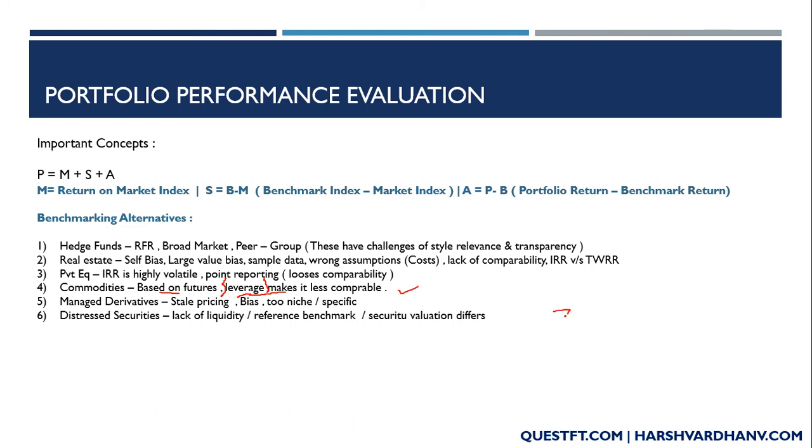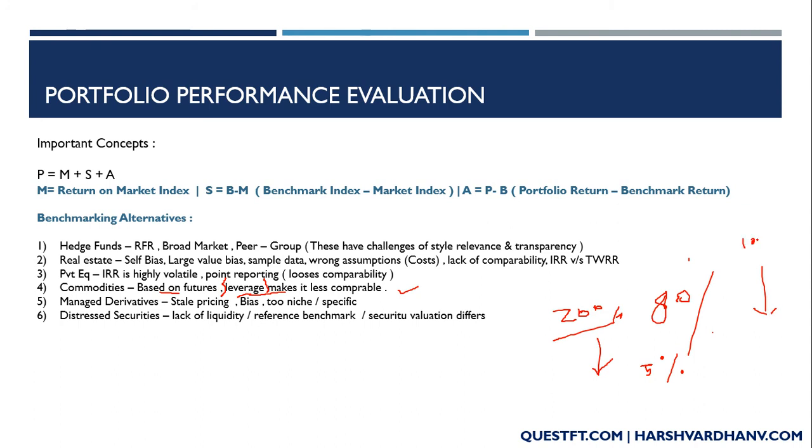Say suppose you have a 20% margin, 20% cash, and 80% is funded by the broker whenever you are trading in the market for commodities. Now your own money is only 20. So suppose you earn a return of 5% on this commodity, and you have another portfolio which is funded 100% by you.